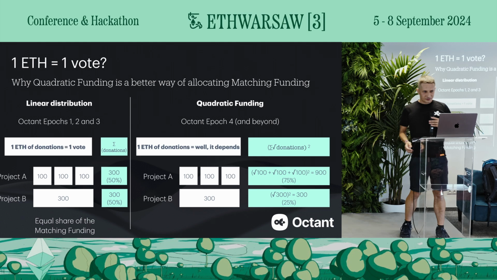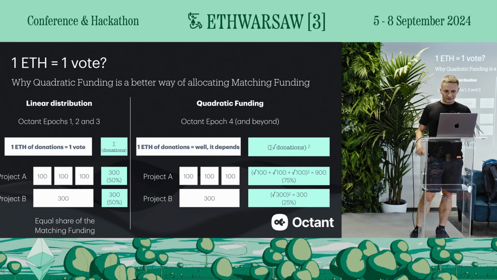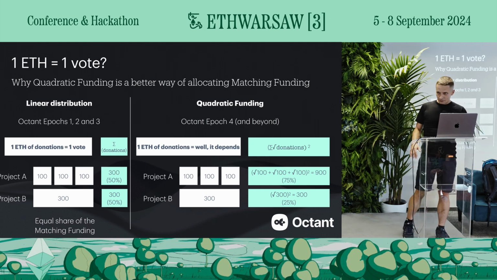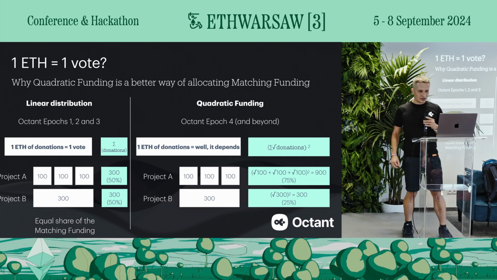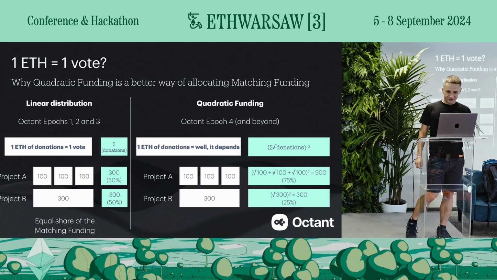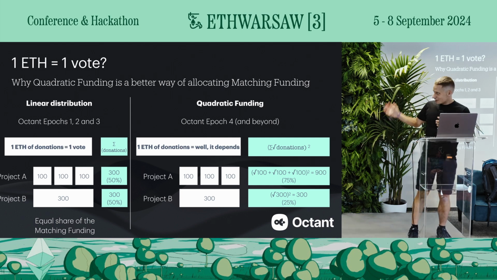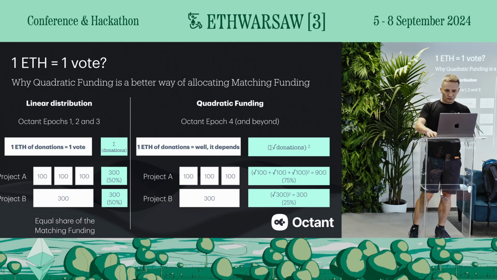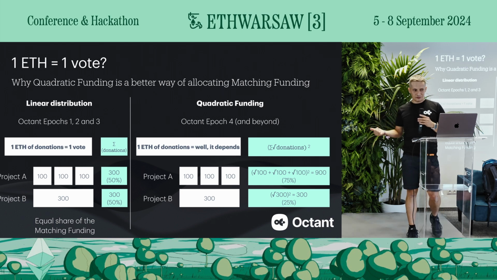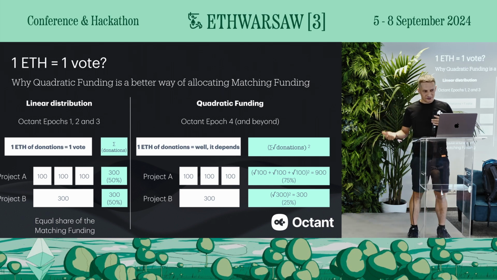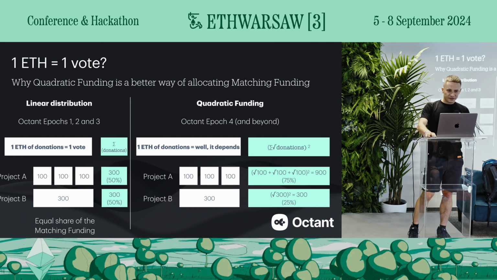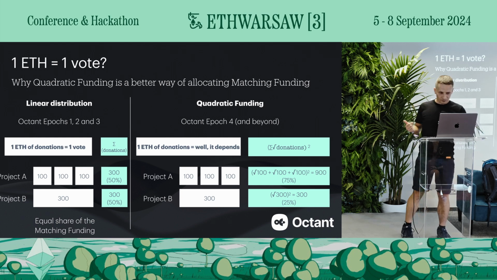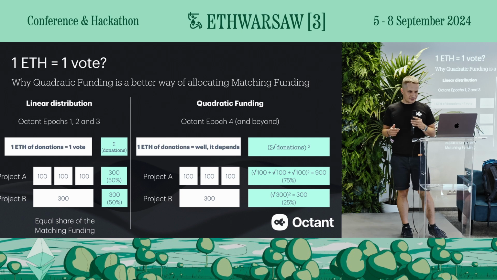In quadratic funding, the new mechanism that we introduced, the share of matching funding a project receives is based on the squared sum of square roots of individual donations. If we replicate the same numerical example, again two projects, one with 1 donor and the second with 3 donors, with the same total amount, you can see that the one with more donors has a much higher share of the matching.